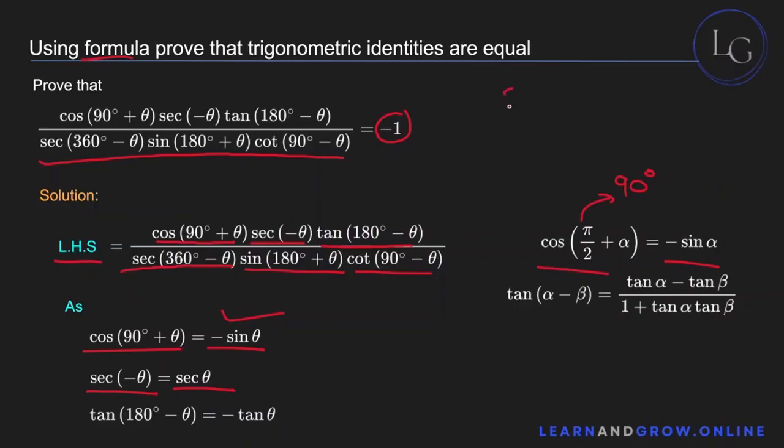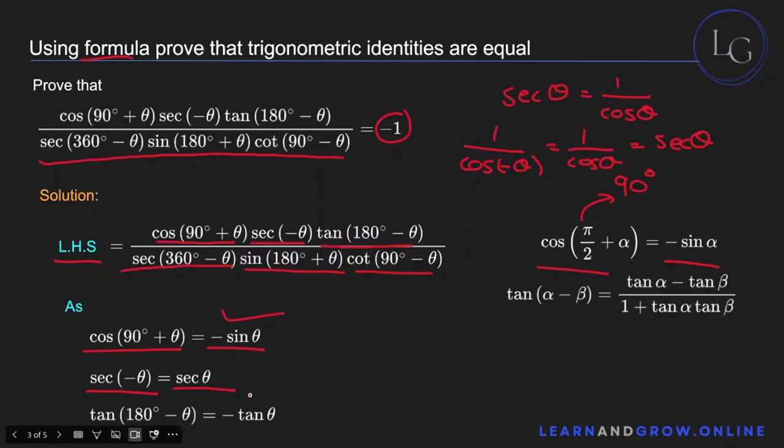Because secant theta is equal to 1 over cos theta, and you know that cos is an even function, so 1 over cos of negative theta gives you 1 over cos theta, and that is equal to secant theta. Okay, so that's why we have this over here. And tan of 180 minus theta is equal to negative tan theta.